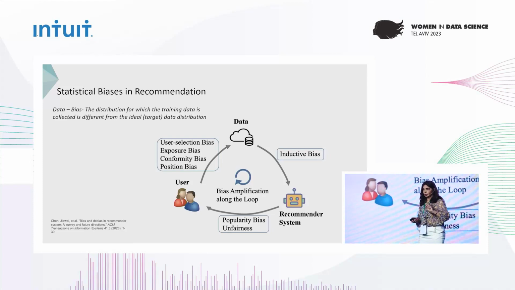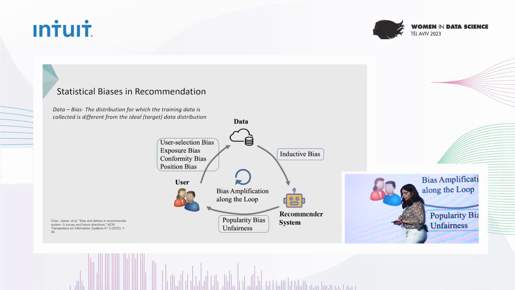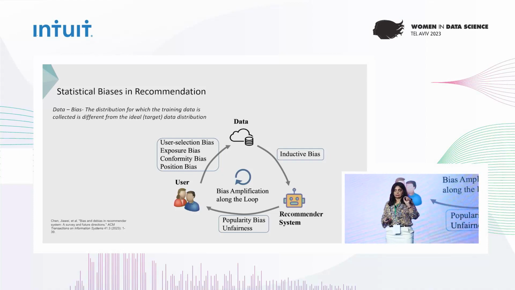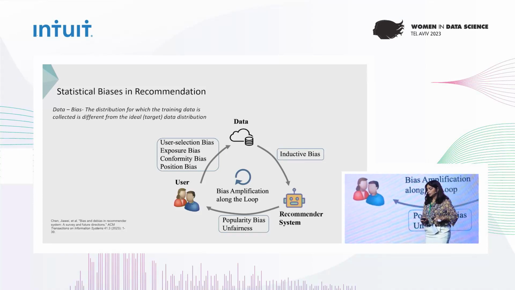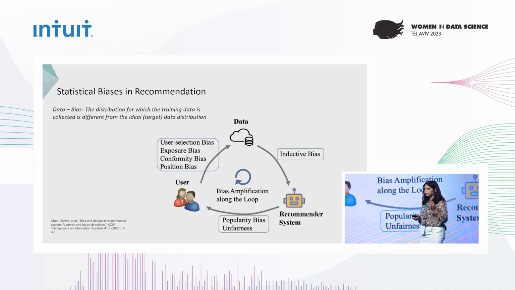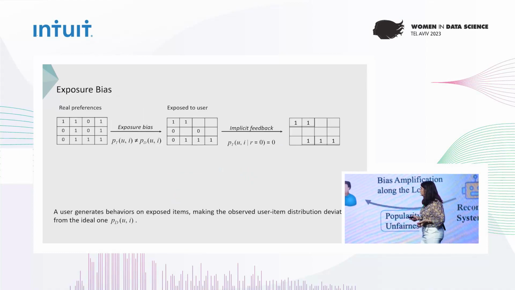So I'll try to talk about some of the biases, mainly data biases, where the distribution of the training data is different from our target data, and try to give you some hints of how to overcome it.